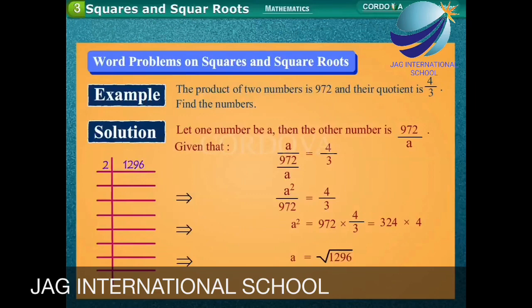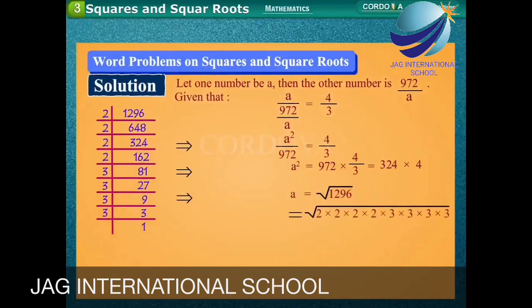1296 divided by 2 is equal to 648 divided by 2, 324 divided by 2, 162 divided by 2, 81 divided by 3, 27 divided by 3, 9 divided by 3, 3 divided by 3, 1, which is equal to 2 into 2 into 2 into 2 into 3 into 3 into 3 into 3.